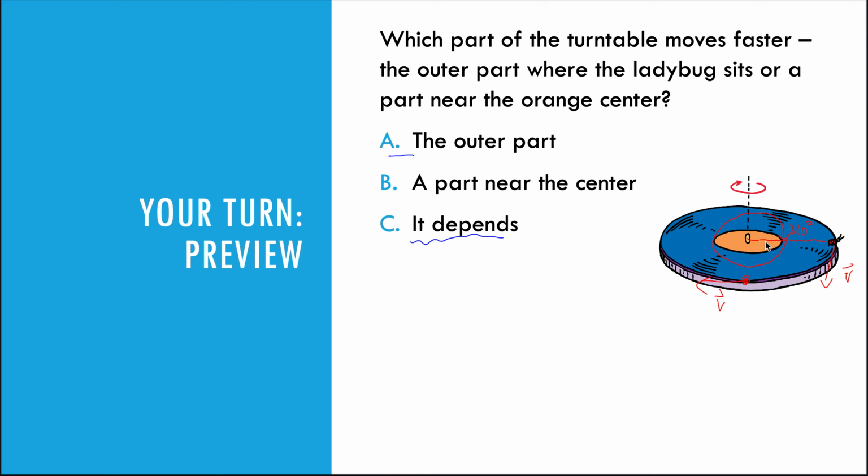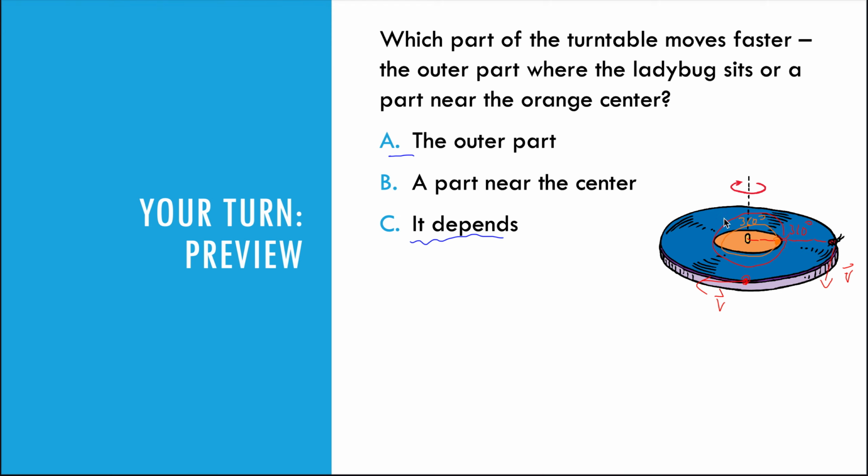If the ladybug is over here, well, she's also doing that full 360 degrees in the same amount of time as if she's over there. So as far as angular motion and the angle that she rotates through per time, it's going to be the same no matter where she is.